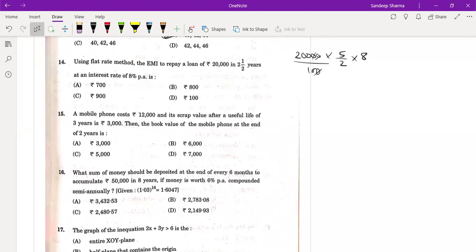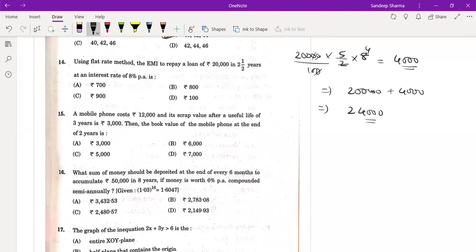Zeros will get cancelled. That gives 4,000. How much amount he needs to pay at the end? So 20,000 plus 4,000. So the total amount he needs to pay is 24,000.